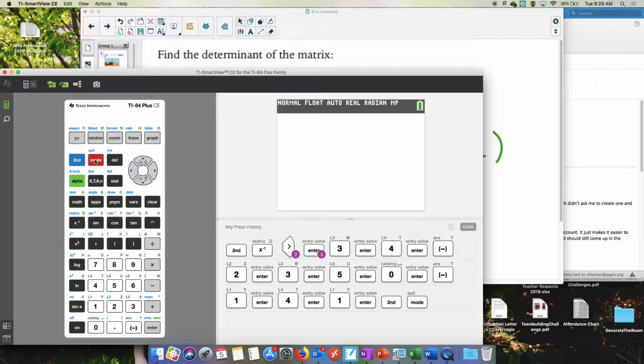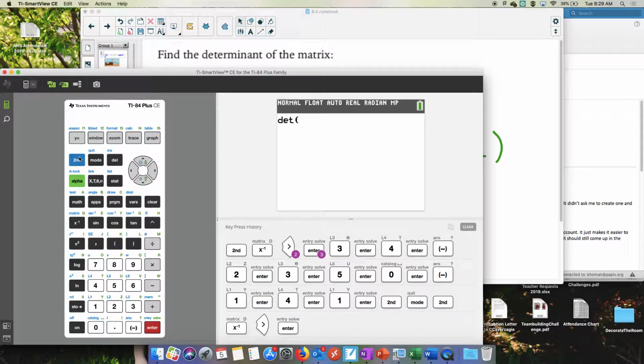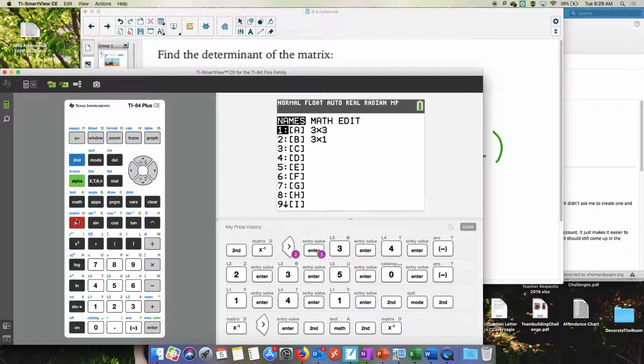Then back in the calculating menu, if you go to your matrix menu under math, what do you think DET stands for? Determinant. So DET stands for determinant, and then you have to call up the matrix for which you want it to calculate the determinant.